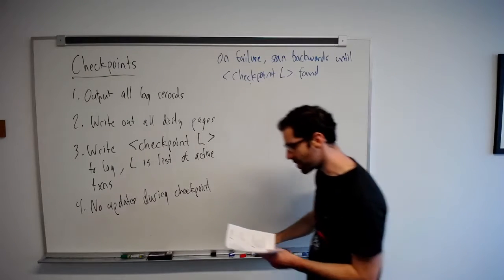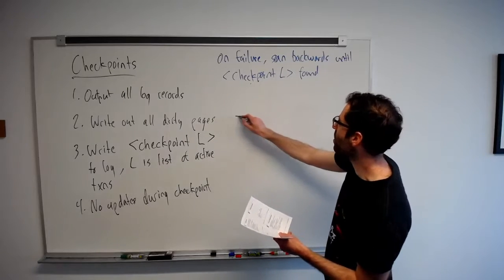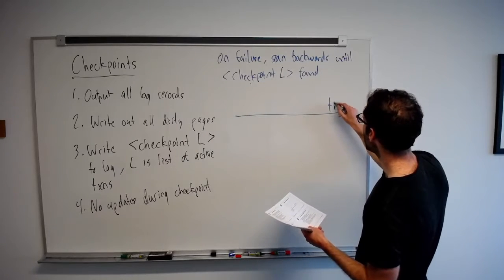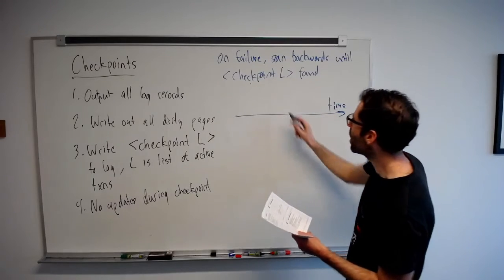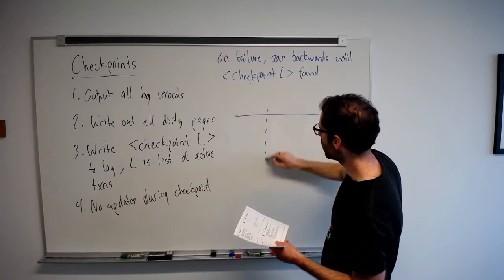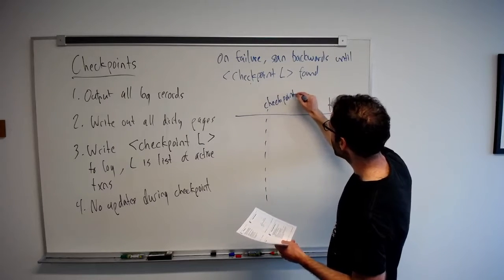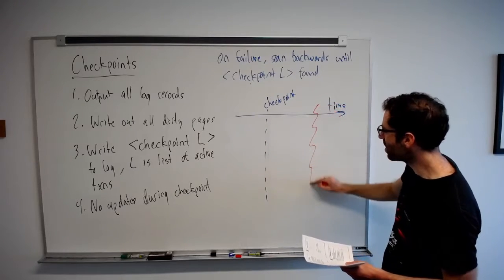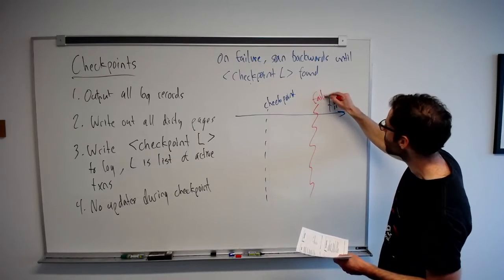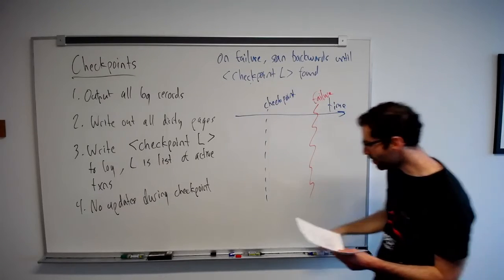And to see this in visual form, let's say that we have time on this axis here, and we have a checkpoint at some point in time, and then our scary failure or crash at this point in time.